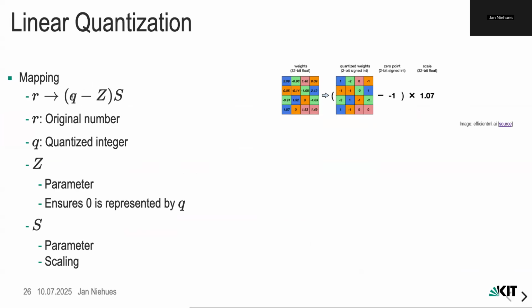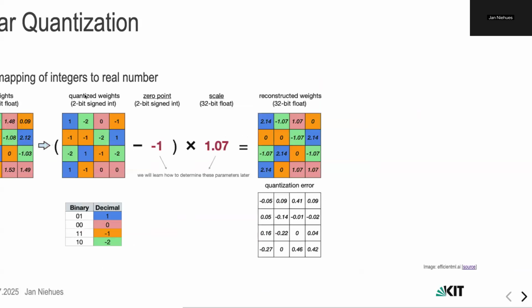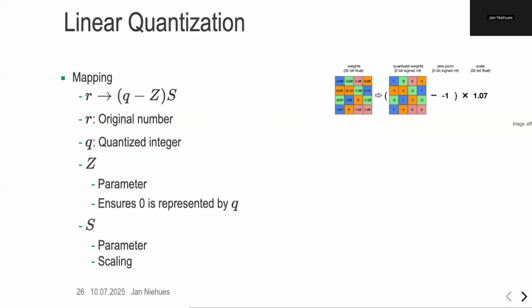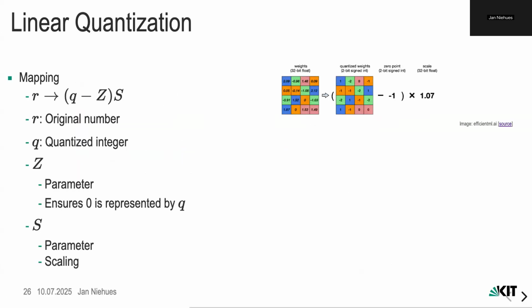So the quantized is R divided by S plus Z. And then you have to, of course, do the rounding, because if you do that, you'll get from 1 to 2.14. But if you round this one to the possible values that we have, then this one is the nearest one. Yeah. Okay. Good. Yeah, we'll come a bit more to this detail.